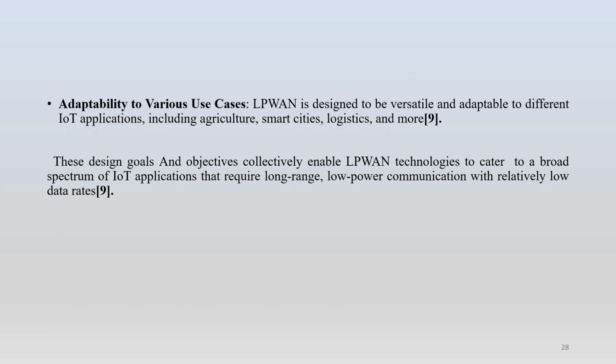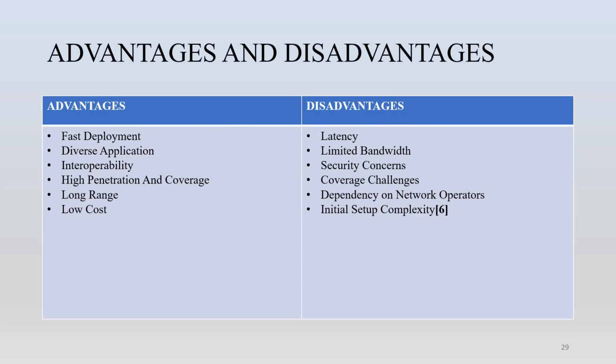The other one is adaptability to various use cases. These design goals and objectives collectively enable LPWAN technologies to cater to a broad spectrum of IoT applications that require long-range, low-power consumption with relatively low data rates.